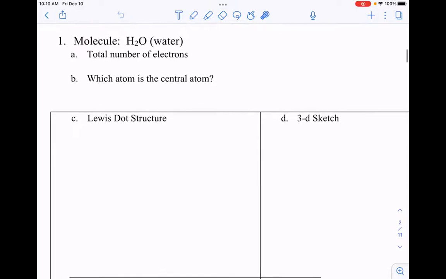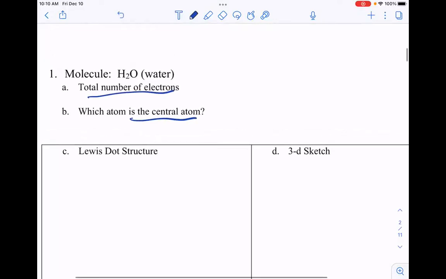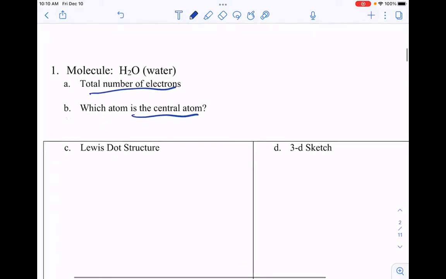All right. The first thing that we're going to do is water. So we have H2O. When you're first drawing Lewis structures, you need to determine the total number of electrons and the central atom. The total number of electrons for water, and we did this in lecture, I believe, I'm not too sure for those who don't have me in lecture.